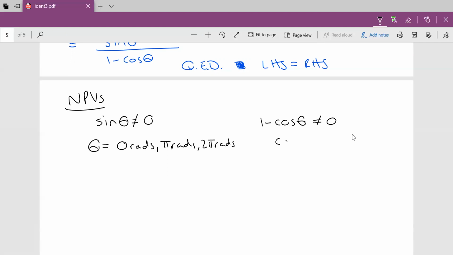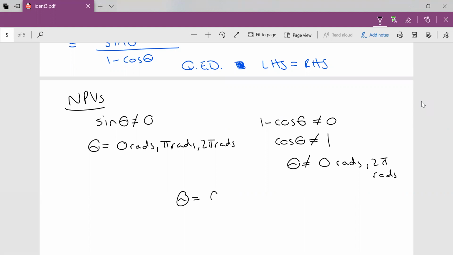Okay, what about this one? This would be cos theta can't equal 1. Where is cos theta equal to 1? Cos theta is equal to 1 at 0 rads and 2 pi rads. If we look at that, this is pretty easy to put together as a general non-permissible statement.